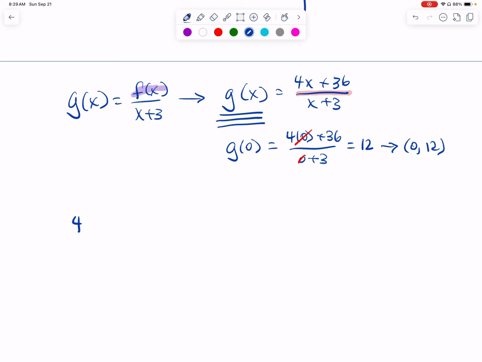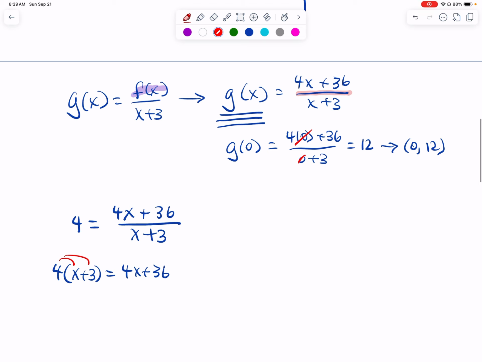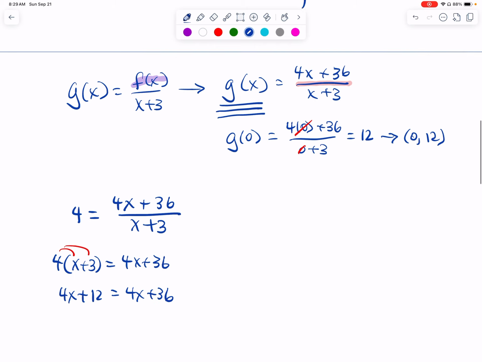So 4 is equal to 4x plus 36 over x plus 3. And then I can multiply this over to the other side, and I have 4 parentheses, x plus 3, equals 4x plus 36. Distribute this 4 on the left-hand side. 4x plus 12 is equal to 4x plus 36.